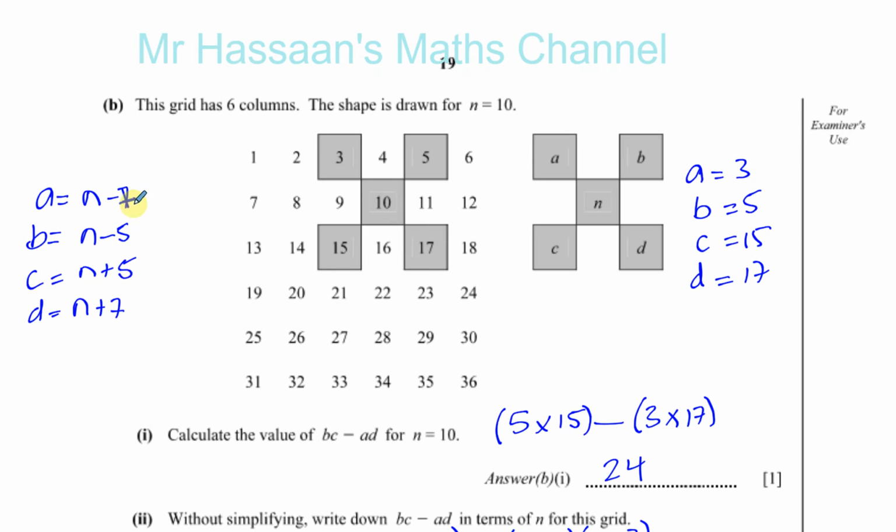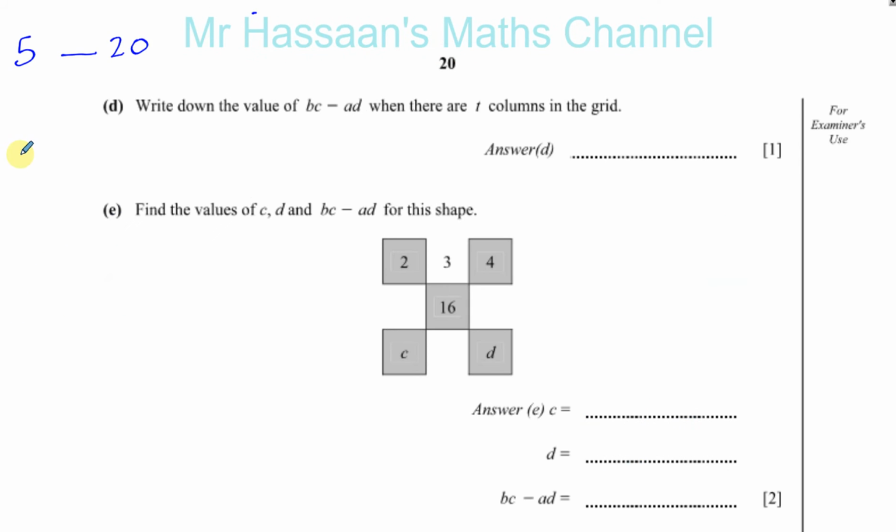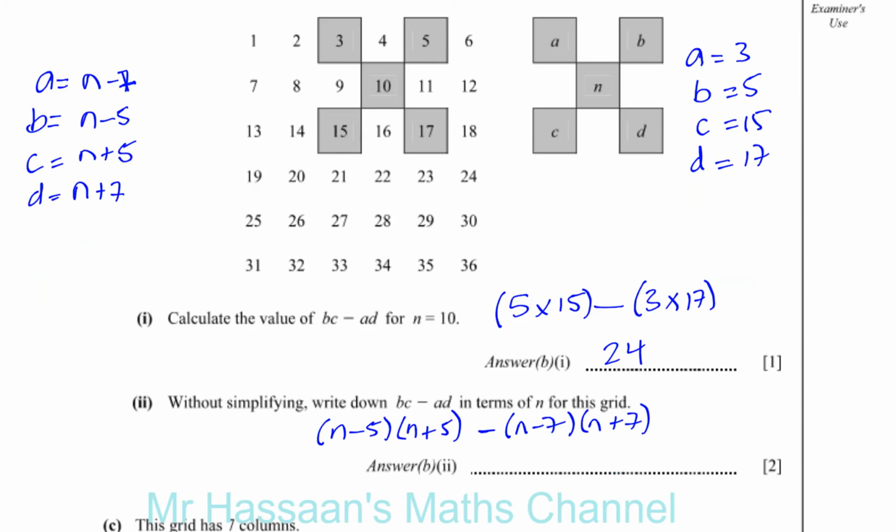Go back here. They told us that when we have 7 columns, n equals 17 here, it's going to be 28. So from this we can realize a pattern: this is the number of columns, and this is the value of BC minus AD.